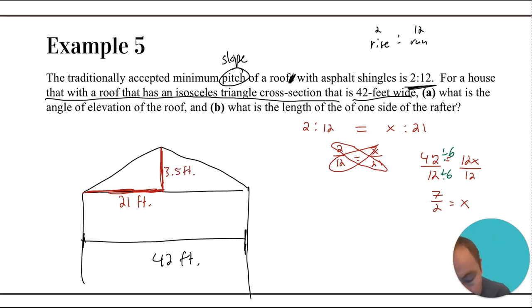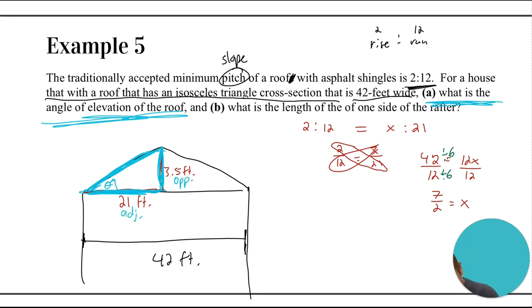Okay. So then we can answer some of these questions now. The first question right here is asking what is the angle of elevation of the roof? So basically, what angle steepness is this roof? That would refer to the fact that this right here is horizontal, and if you pivot upwards, then this right here would be the angle of elevation. So we're looking to figure out what that angle is. And that angle is inside of this blue right triangle, where this 3.5 is opposite that angle, and this 21 is the adjacent leg to that angle.